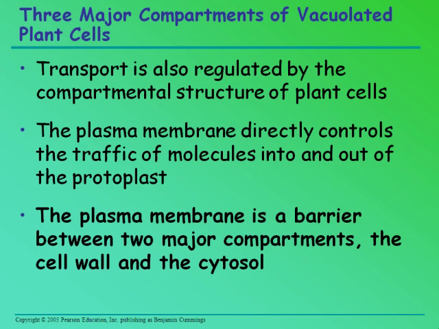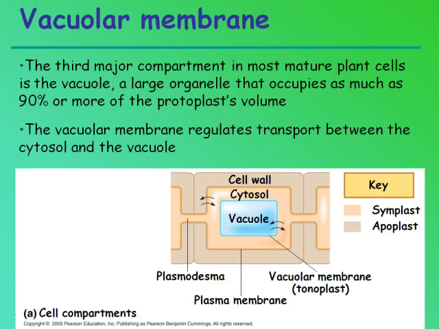Transport is also regulated by the compartmental structure of plant cells. The plasma membrane directly controls the traffic of molecules into and out of the protoplast, the inside of the cell. So the plasma membrane is a barrier between two major compartments, the cell wall and cytosol.